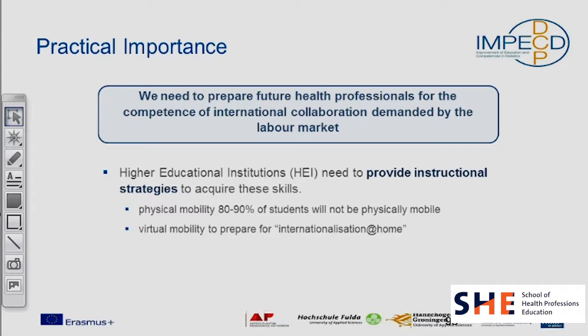One strategy to do so would be to support physical mobility, so that students go abroad. We have Erasmus funding for that, but literature shows that approximately 80 to 90% of students do not use it. So the majority of students never go abroad and are not able to gain international collaboration competence through physical mobility.